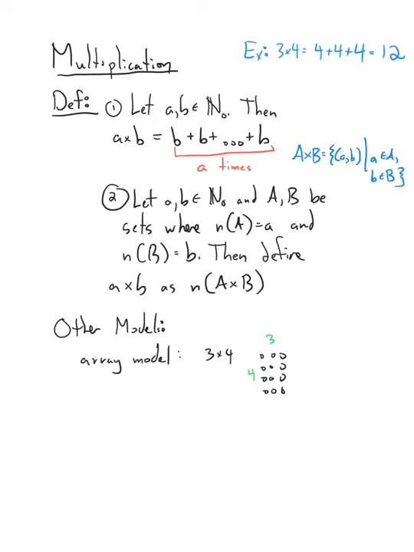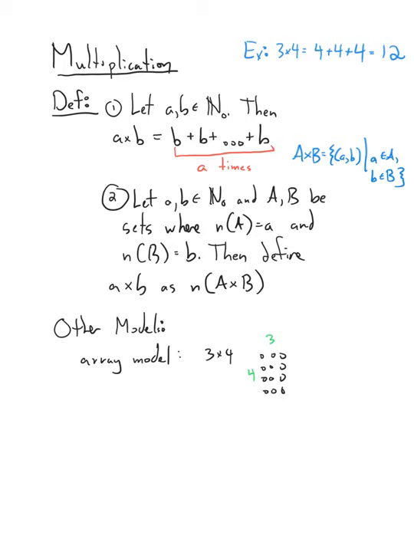If you go back to chapter 2 and look at that video, you could see how it relates directly to multiplication. The size, remember this n here means the cardinality, the number of elements. The number of elements in A cross B is just n(A) times n(B), which is great.